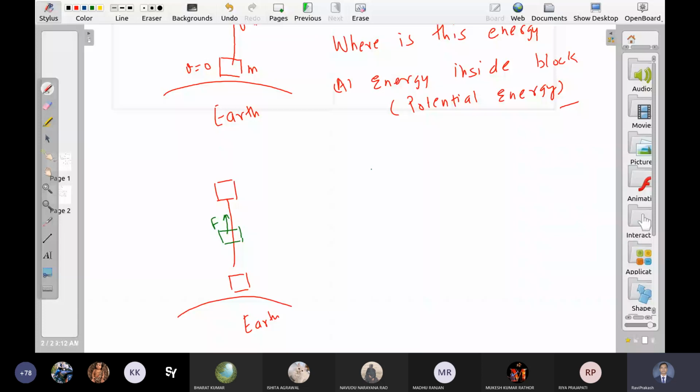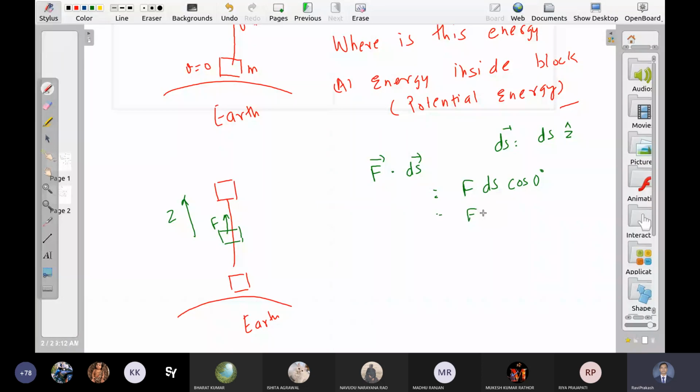F dot ds. What is ds? The displacement. So ds is actually the direction of movement of the block. It is moving along the z-axis. So this is F ds cos 0 degrees, which is F ds.